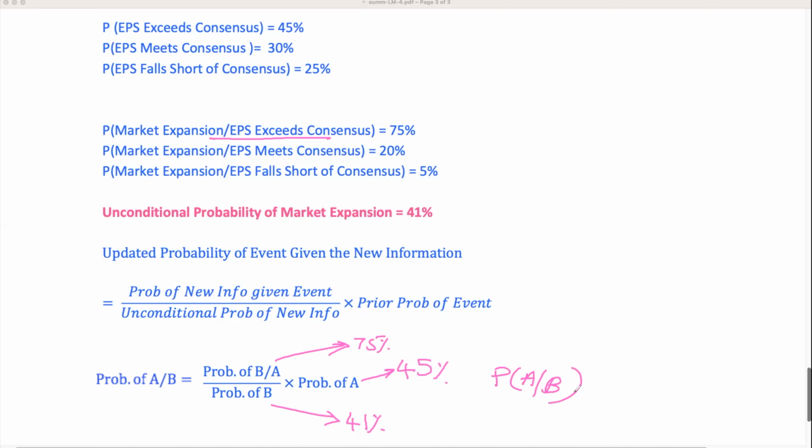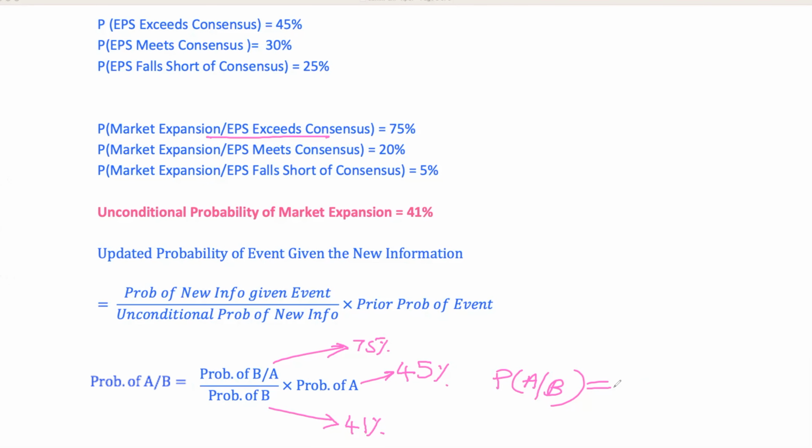Now we will calculate the probability of A given B. In our example, the probability of earnings exceeding the consensus estimate given the decision to expand. By applying Bayes' theorem, we calculate the posterior probability, the updated chance of exceeding EPS given the expansion news, 82.3%. This demonstrates how Bayes' formula allows us to become more confident in our predictions with new information.